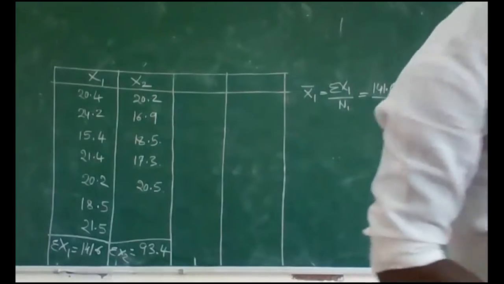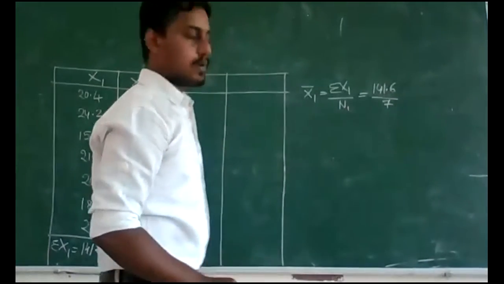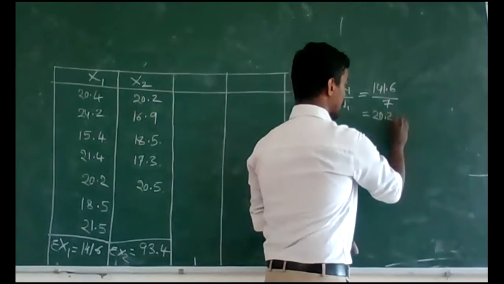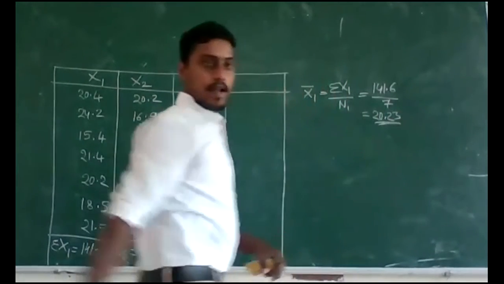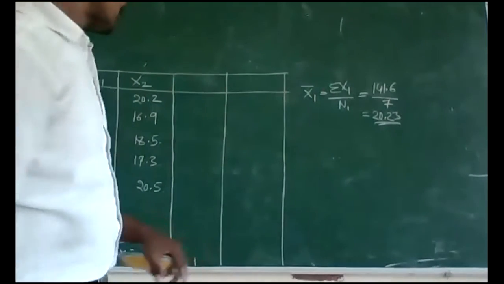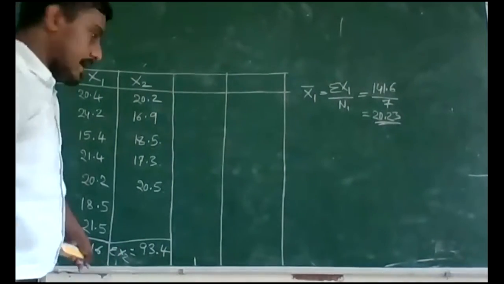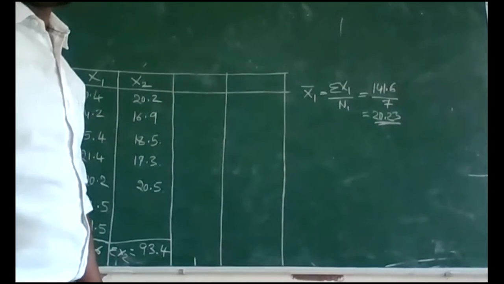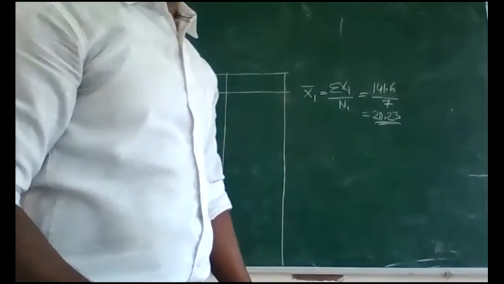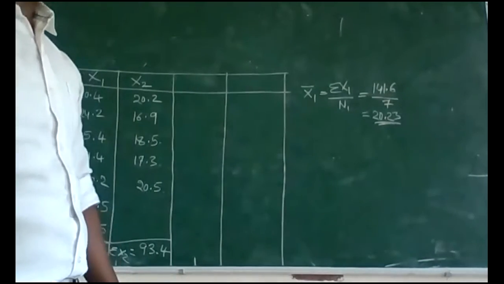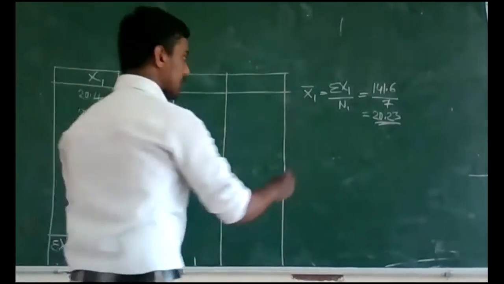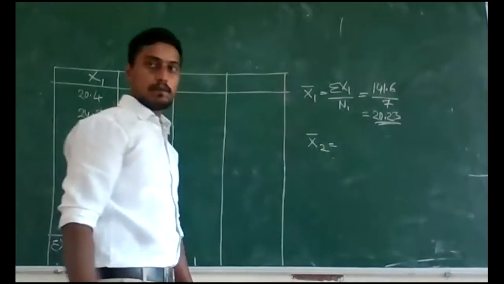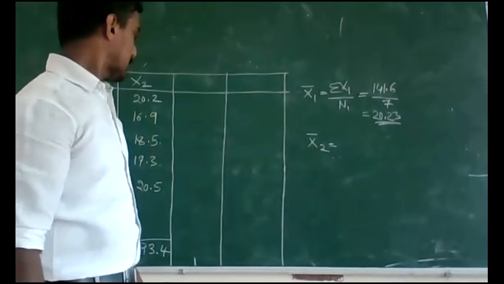It comes 20.23. Is this value correct? Right? 141.6 divided by 7 comes 20.23, approximate value.